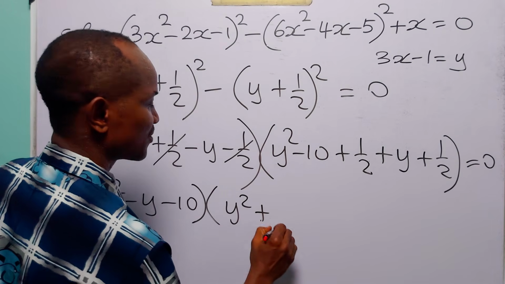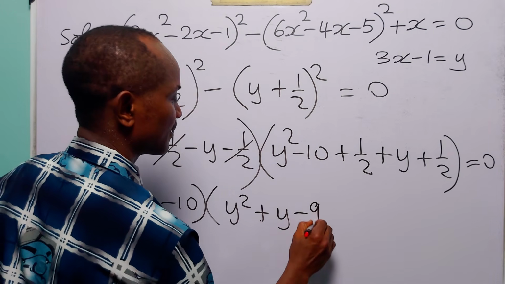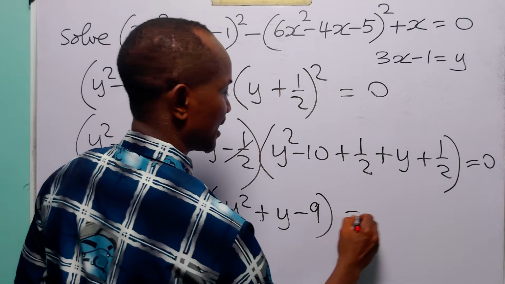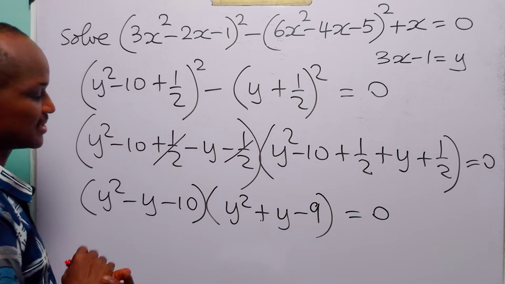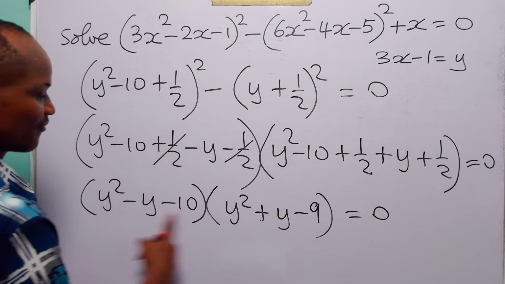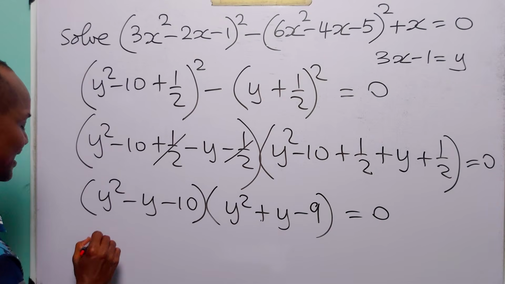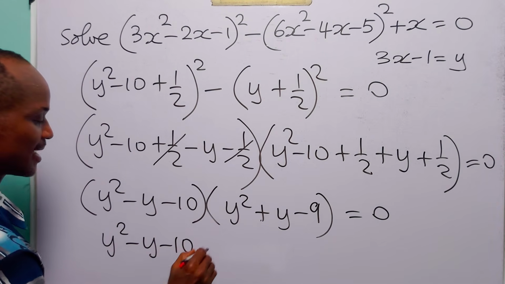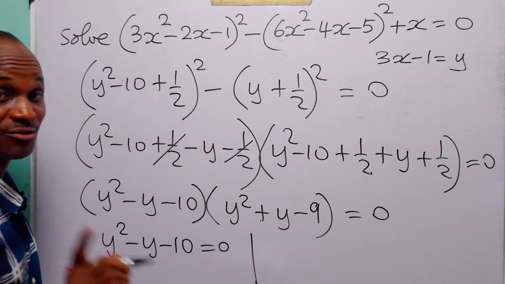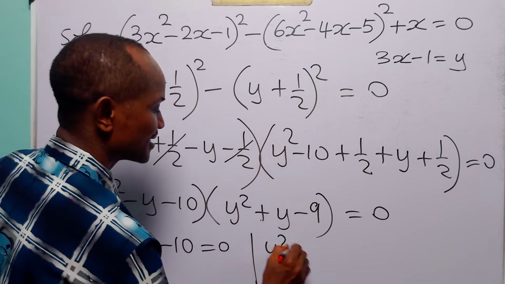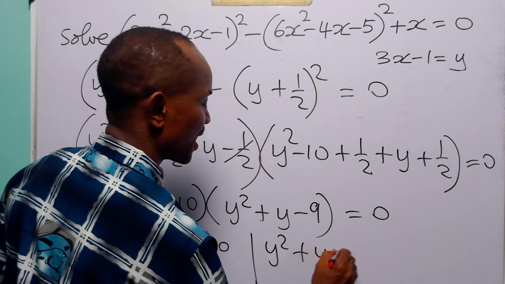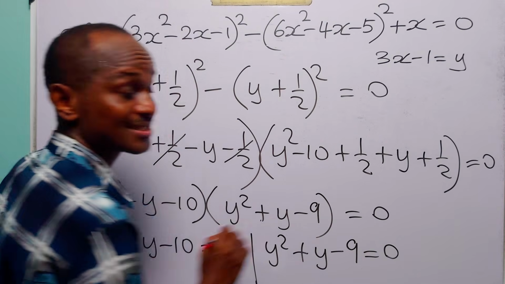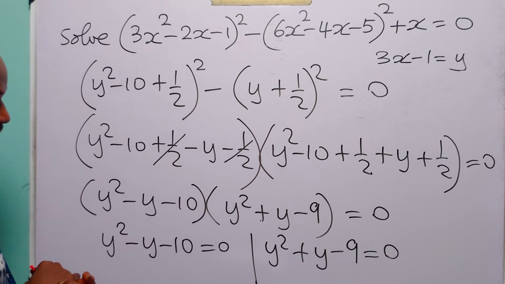So, y squared plus y minus 9. And this is equal to 0. So, finally, from here, we have that either y squared minus y minus 10 is equal to 0, or y squared plus y minus 9 is equal to 0.